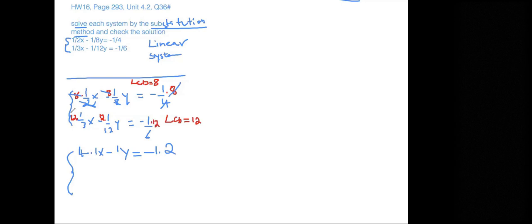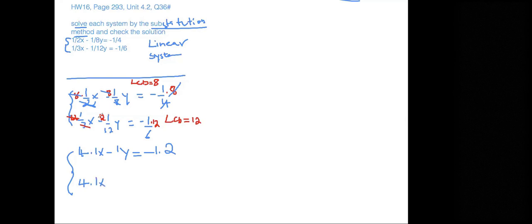Okay, so let's reduce the first fraction. What do you get from here? 12 divided by 3 would be 4. That's right, it would be 4 times 1x.